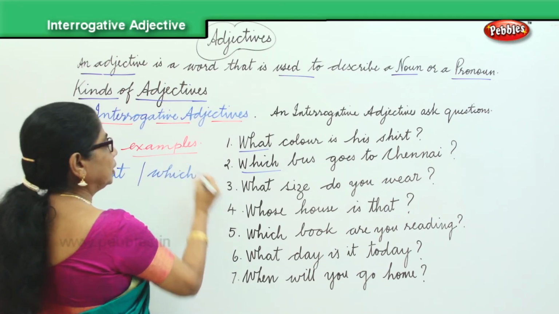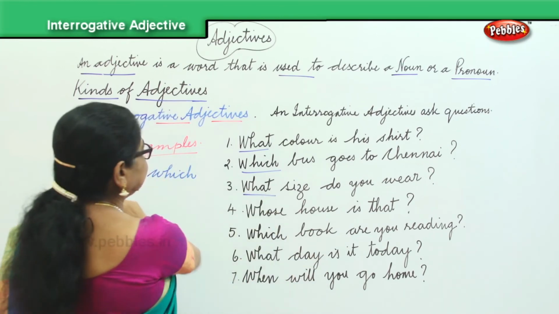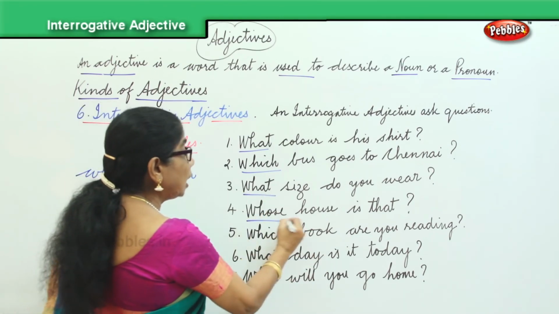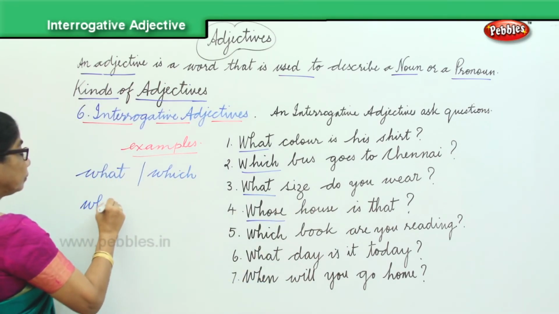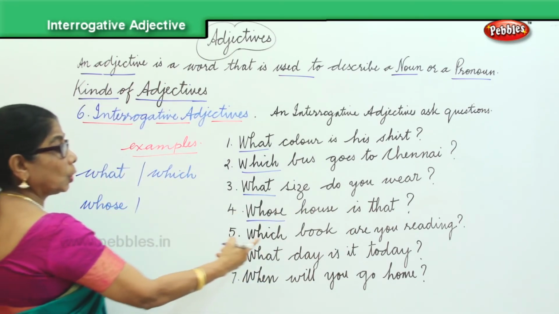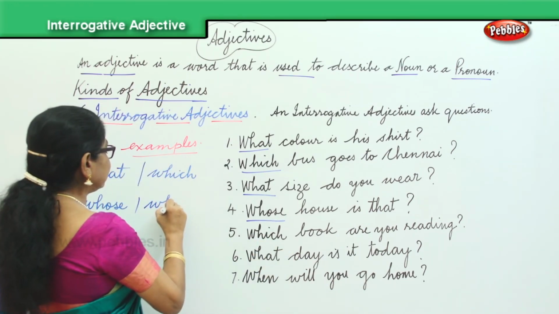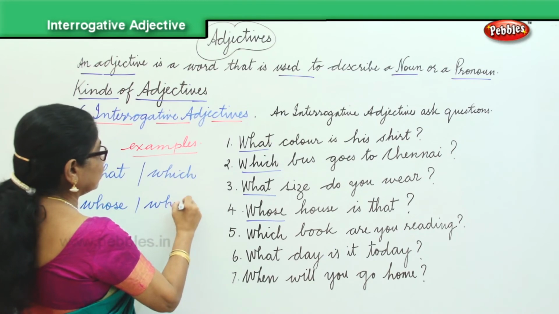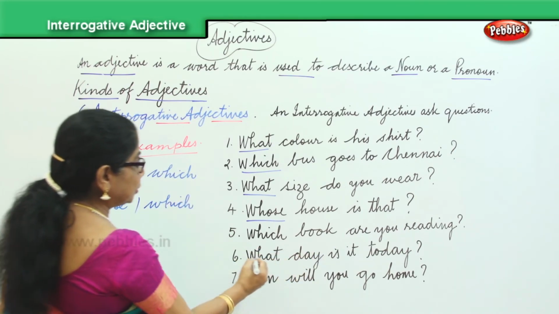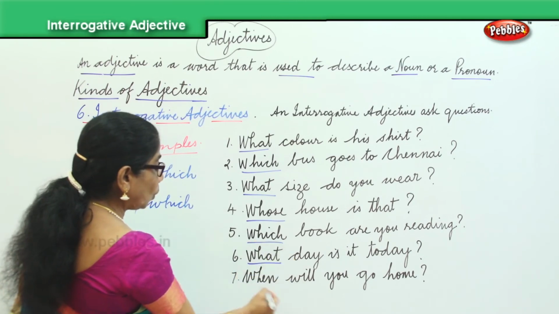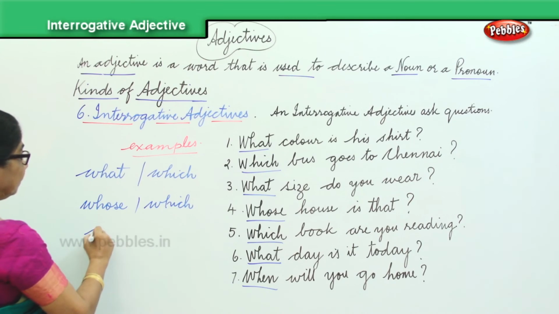Which. What size do you wear? What. Whose house is that? Whose. Which book are you reading? Which. What day is it today? When will you go home? When.